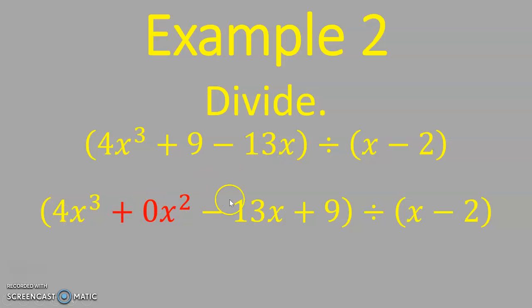You fix it by putting it in standard form and including any missing terms. Since we established the beginning as x cubed, you must have a representative for x squared. If you don't, then the synthetic division process would be as if you're doing 4x squared here. So make sure you get a 0x squared in there. Anything that's missing, including the constant, needs to have a 0 to represent it.